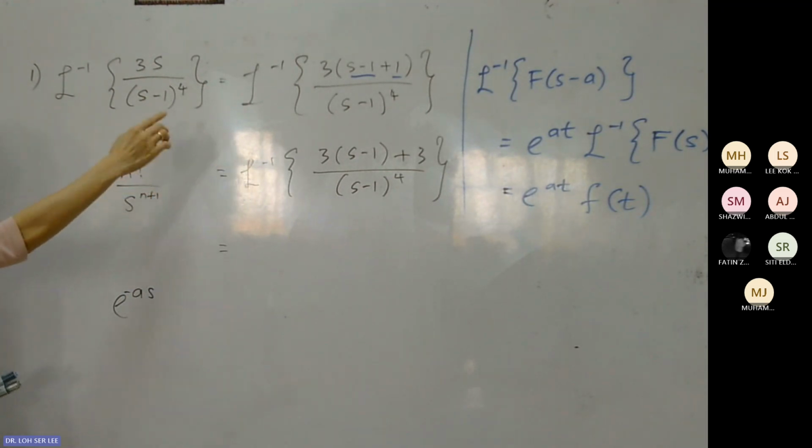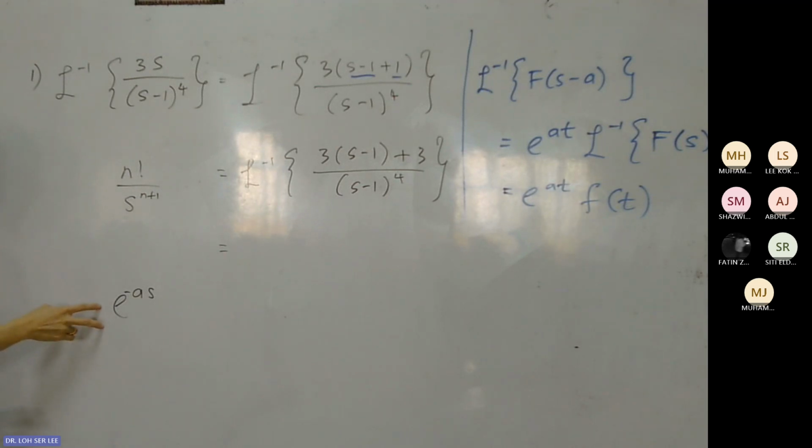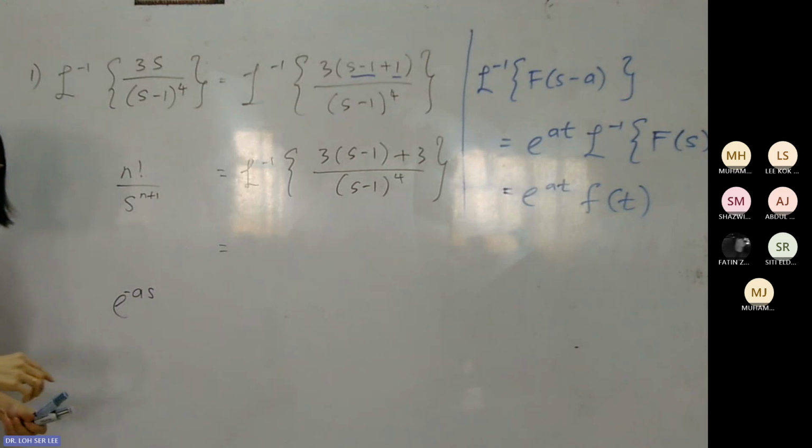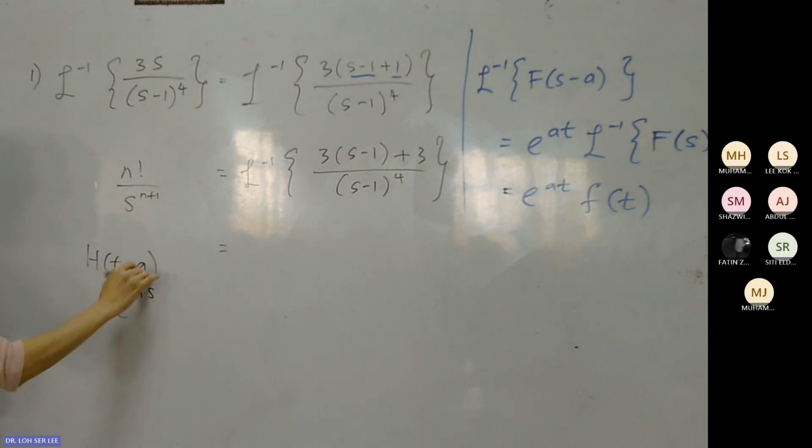But here, this is inverse Laplace. This is Laplace transform, you get s. This is inverse Laplace, you inverse s, you get t. And this one, the formula, it follows the H(t minus a), right? You take out the minus a, you form the e^(-as).